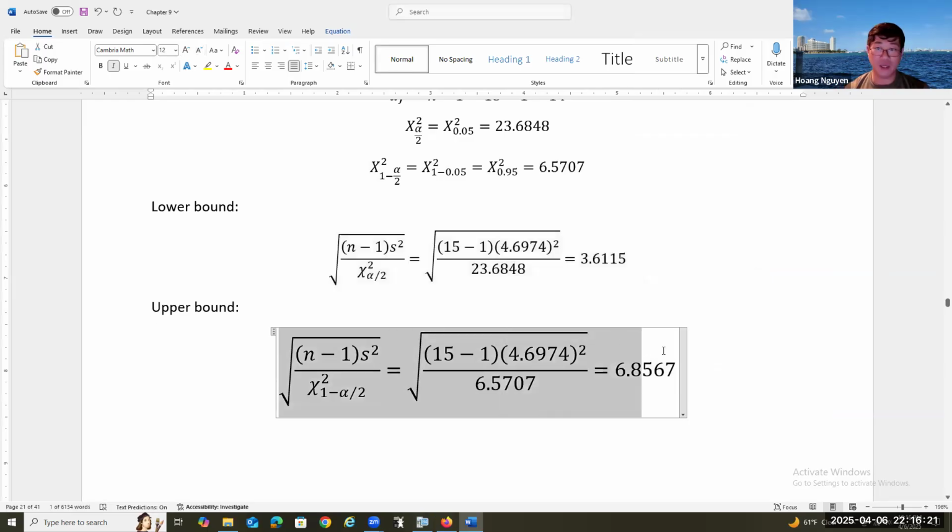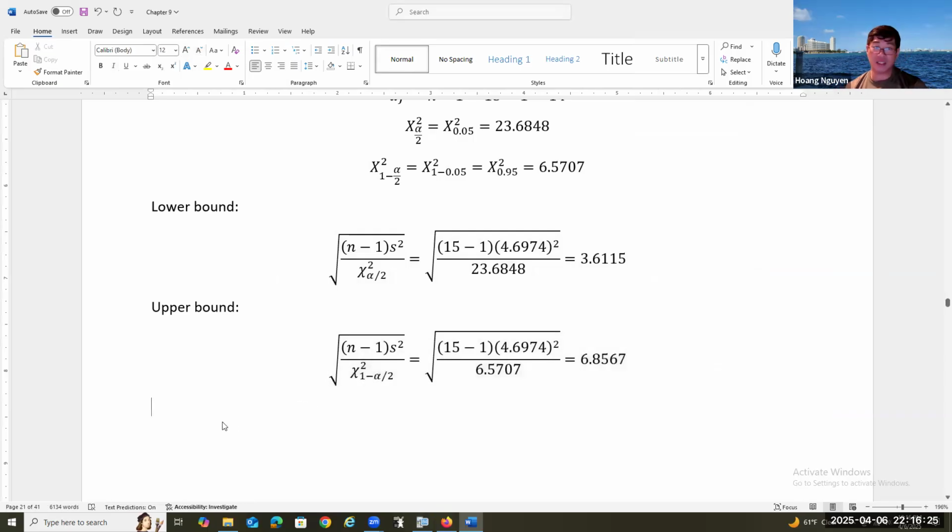And we have the answer for the upper bound. Okay. Now, after we got the answer for the lower and the upper, now we are ready to put them together in the interpretation, right?